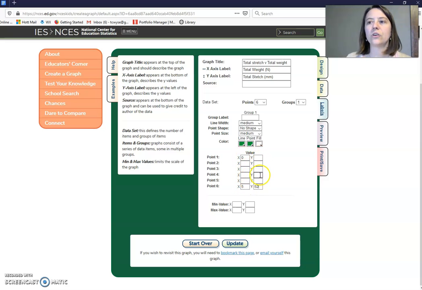So you want to add in your data there, and then a minimum x value of 0, a minimum y value of 0, a maximum x value of 5, and a maximum y value of 55, which is bigger than 52 and a nice round number.